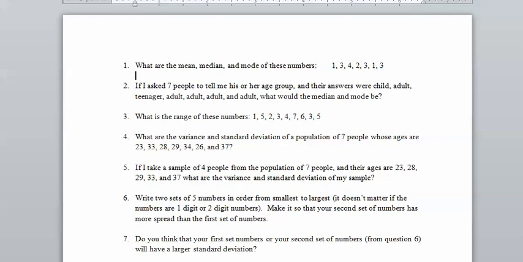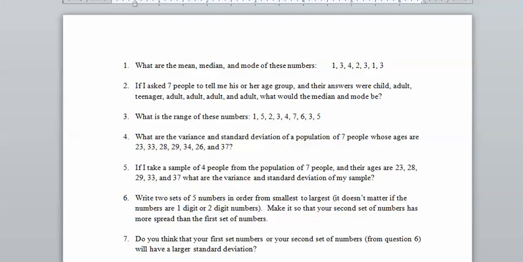Let's do an example with a population of 8 people.